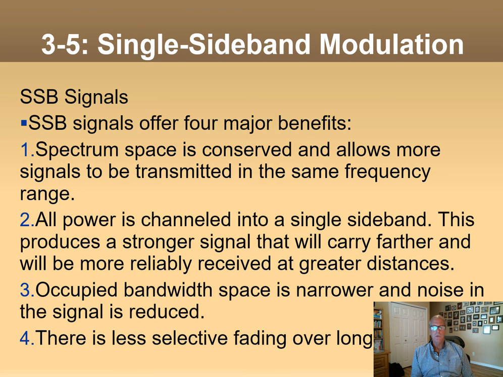So if you can reduce the required bandwidth of your receiver, your received signal is going to be less noisy, and that's great. And this ionospheric interference, where the phases of the sidebands and the carrier get scrambled a little bit, is called selective fading.